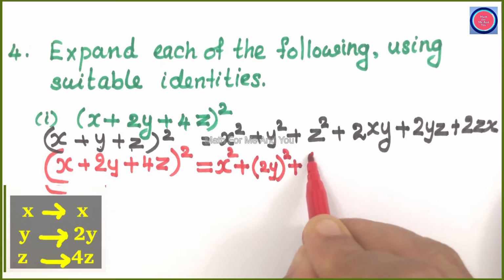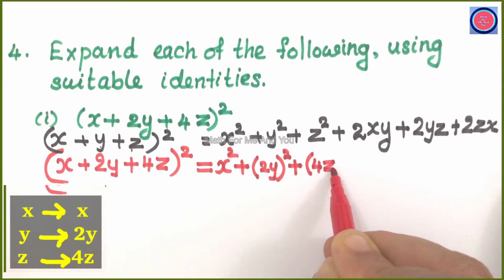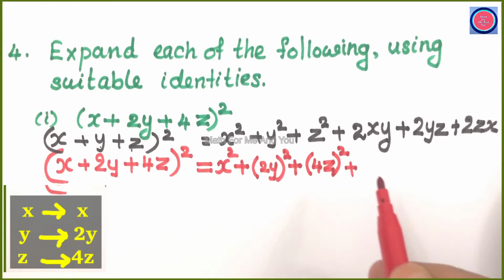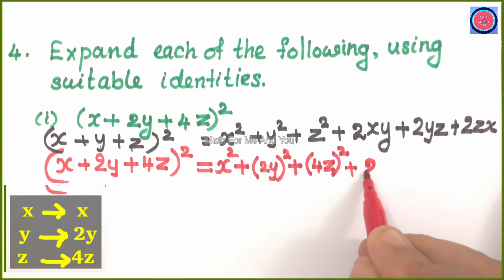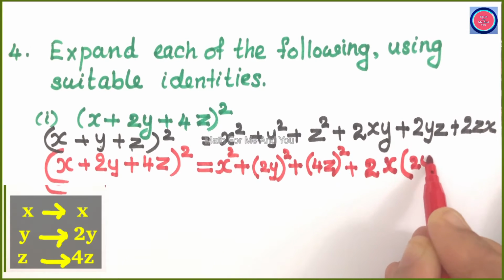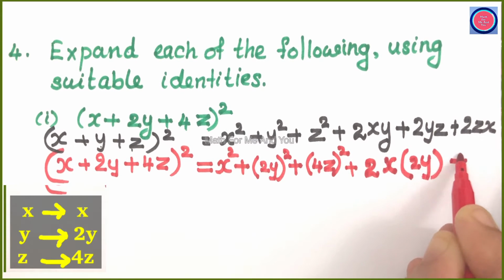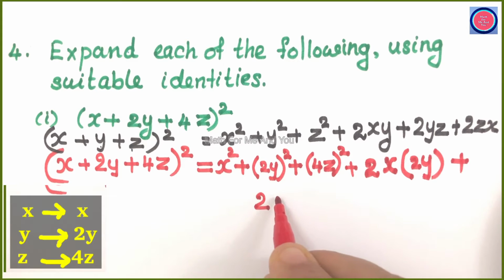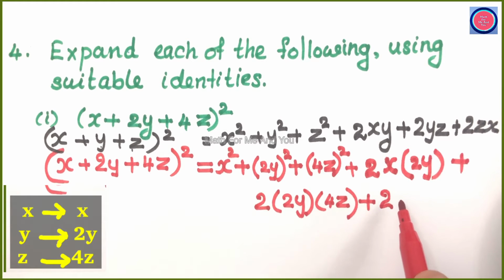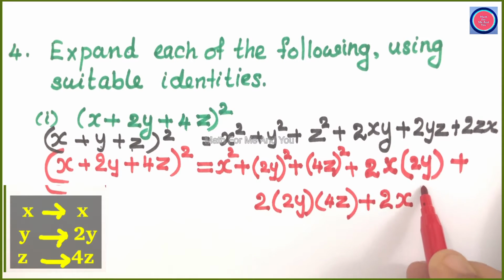Z we change with 4z, so in place of z square it is (4z) square, plus 2xy, where the term becomes 2 times x times 2y, and the next term, plus 2yz, now changes to 2 times 2y times 4z, plus 2zx, or we can write it in the form xz. So we get here 2 times x times 4z.